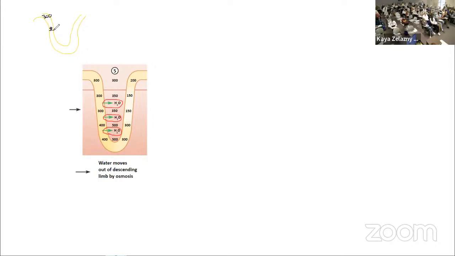And then we had some fluid at 400 here, and that had been pushed forward a bit. And in our imaginary setup, the whole medulla was at 400. I'm just going to draw that all out.